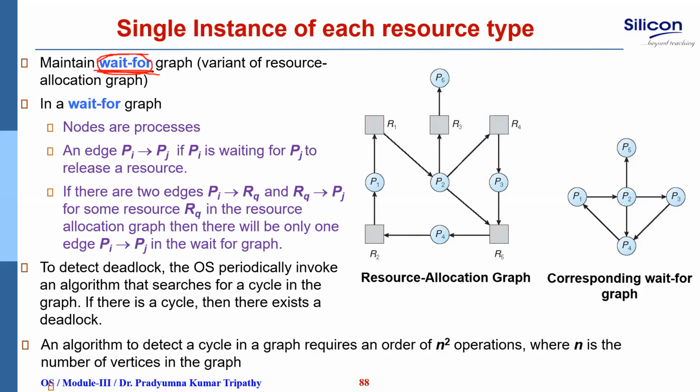In this graph, we have some processes, P1, P2, P3, P4, P5, and some resources. We can think of this as a resource allocation graph, which you already know; I have already explained it. Processes and resources become the vertices, and there are two different types of edges.